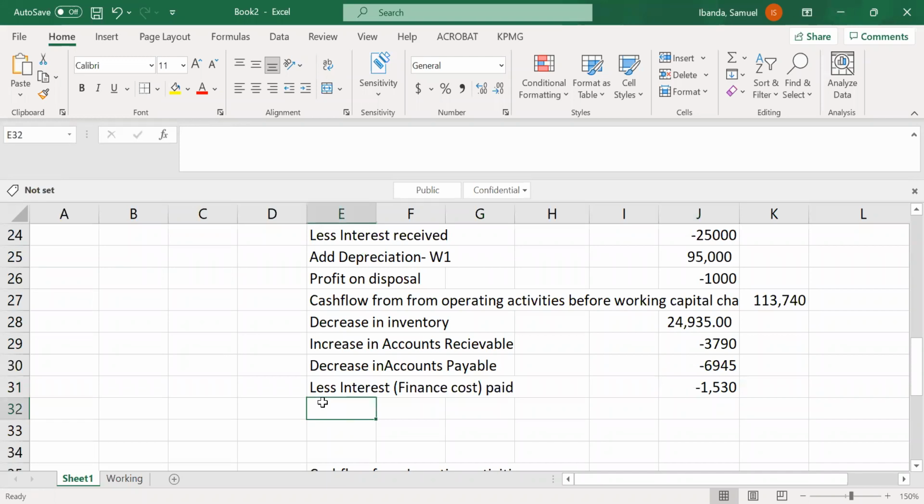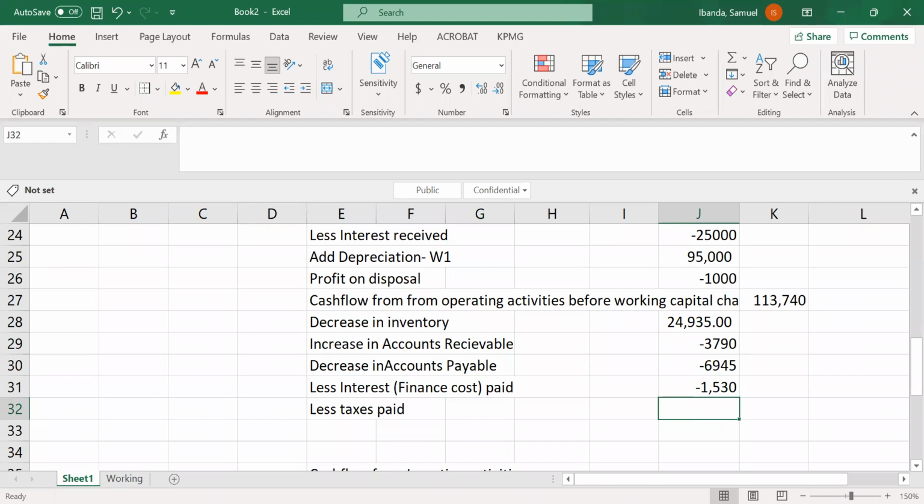Now, apart from interest, we also look at tax. So we also say less the taxes that were paid. Again, here we're also looking at taxes that were paid. Now you're going to see how this is different.